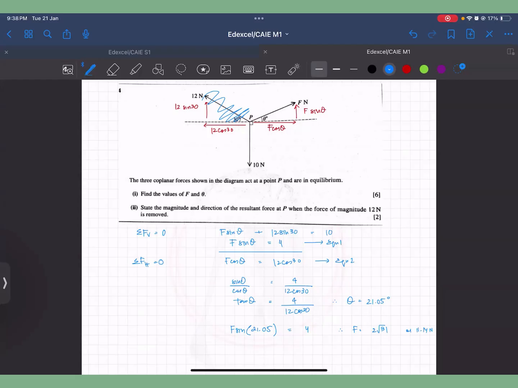The resultant force of these two would be over here, like this, and it would be the same as that 12, and the angle would be 30 degrees clockwise from the positive x-axis. Why? Anyone?